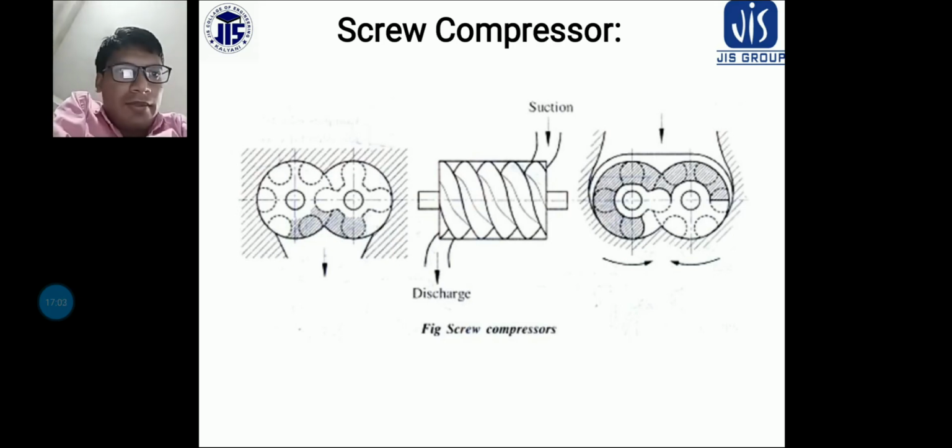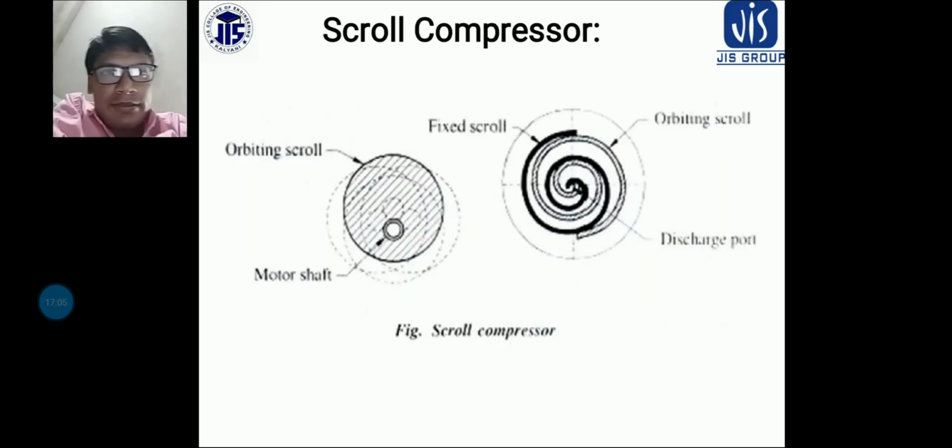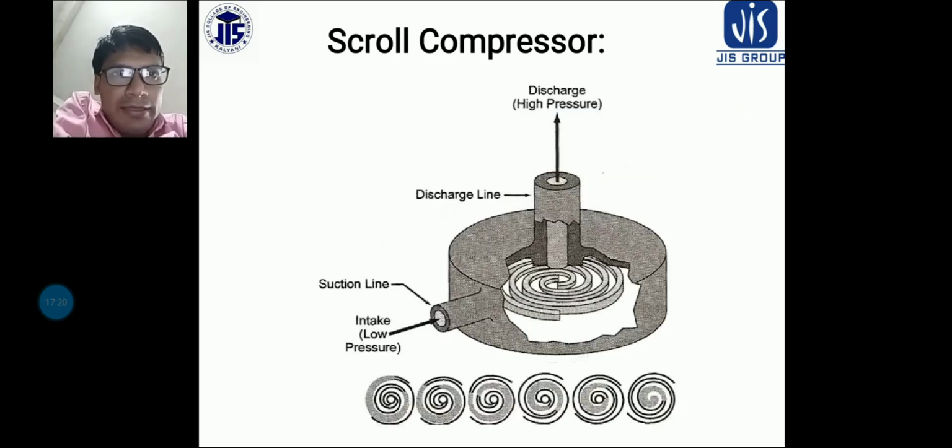Okay, next I can discuss the scroll compressor. This is your orbiting scroll, motor, shaft. You can see the fixed scroll, orbiting scroll, and discharge port. By the help of this, the scroll compressor is also sometimes used.